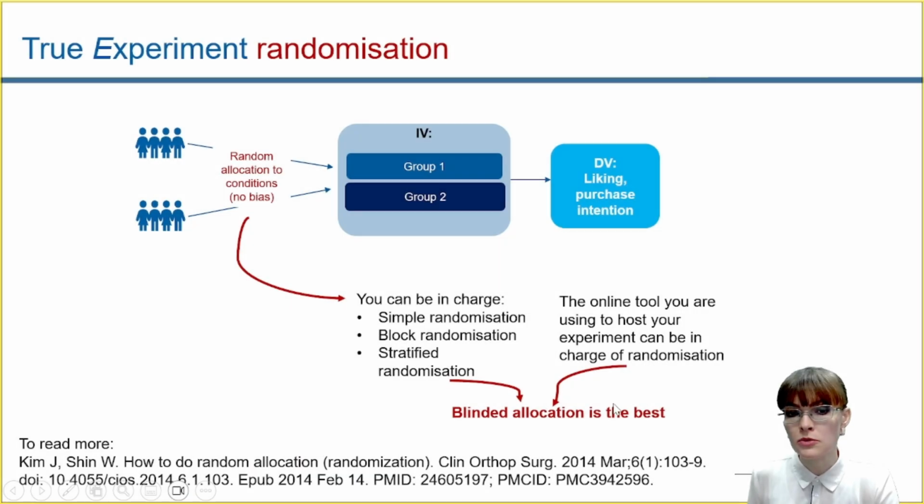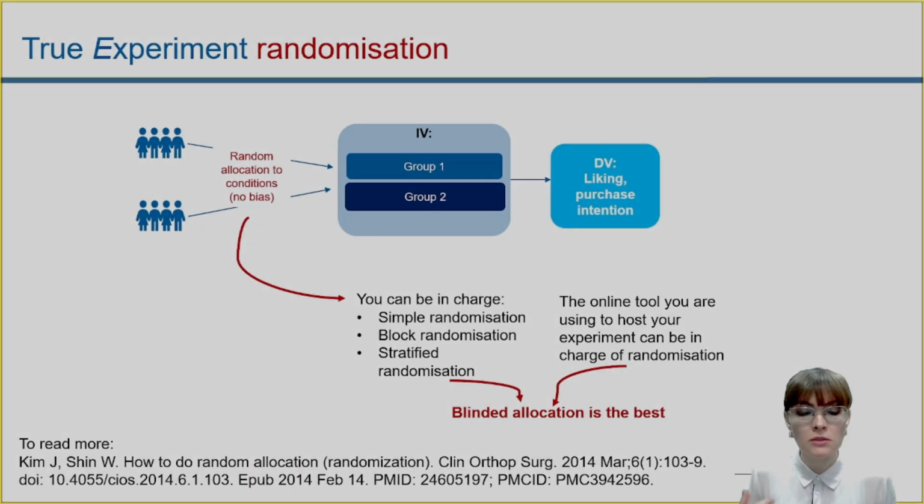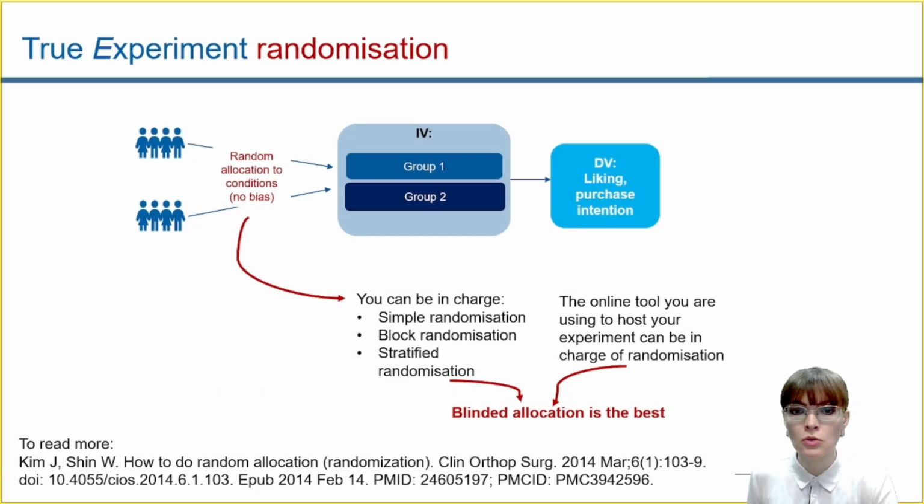In all of those random allocations, what's important is that it is blinded. That means that as a researcher, you don't know which participants go into which condition, or your research assistant is allocating people to the different conditions and he or she is not aware of which is group 1 and which is group 2. This is what's called blinded allocation.